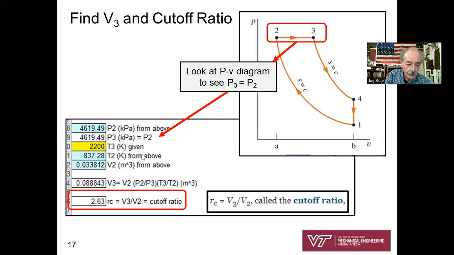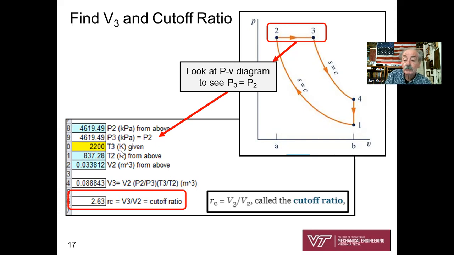T3 is given, so I wrote that down. And then I used my jingle again to solve for capital V3. Now, same thing applies. Look, this was an elegant way to solve for V3, 0.088843 cubic meters.